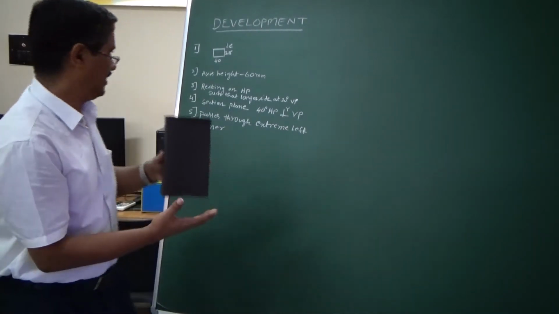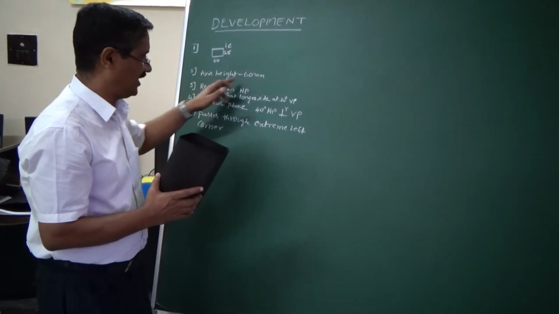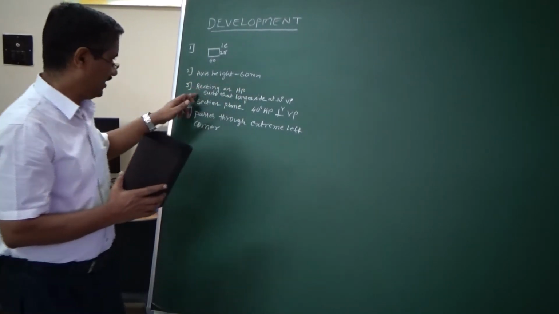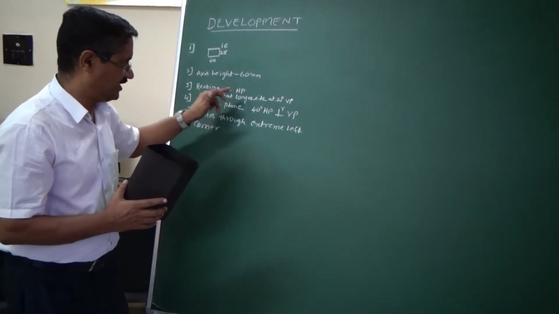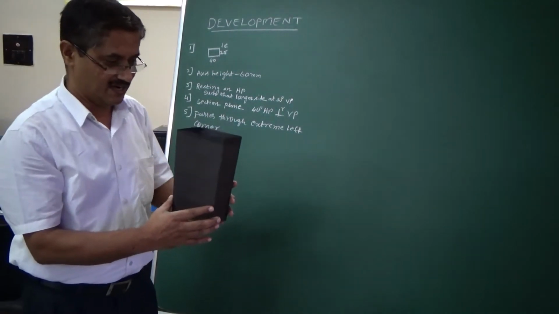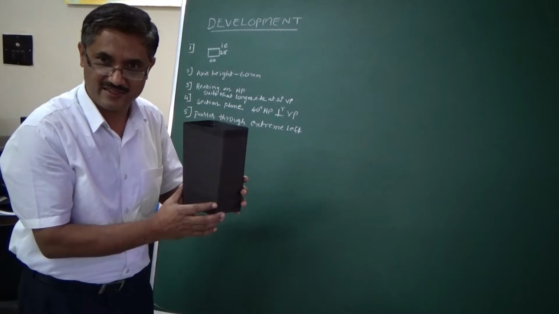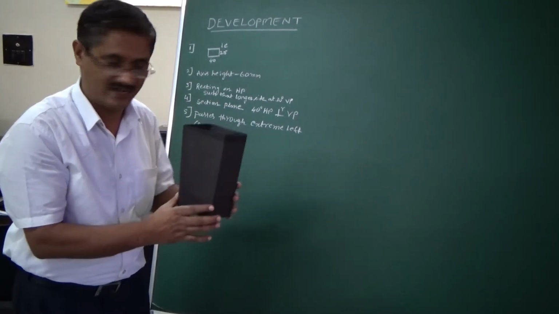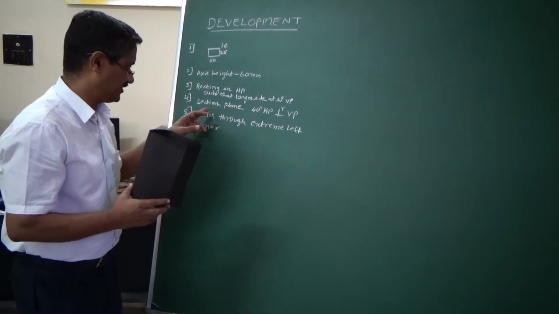The axis height is 60 mm and it is resting on its base in such a way that the longer side is at 30 degrees. So you place this and then tilt the longer side to a 30 degree inclination.